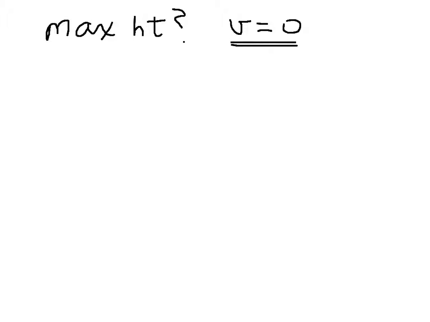So let's suppose the first question we want to ask is, what is the maximum height that the particle reaches? What you should understand is that the rocket is going to get to its maximum height at the very top, and that's where the velocity changes from positive to negative. So at the maximum height, velocity has to be 0. Let's go back and take our velocity equation, which is minus 32t plus 160.